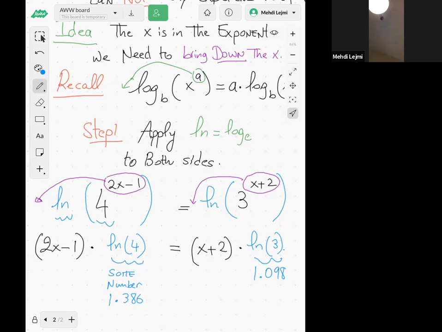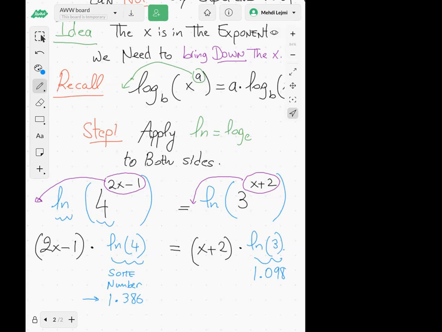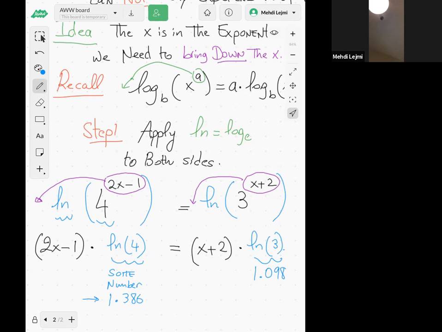Yeah, that's what I'm saying here. Just keep the natural log of 4, because it's not really convenient to use the decimals, right? It's better to just keep the natural log of 4 instead of the decimal, because the decimal will be like 1.386, so you have to carry this 1.386 along the equation, and that's not really a good idea.